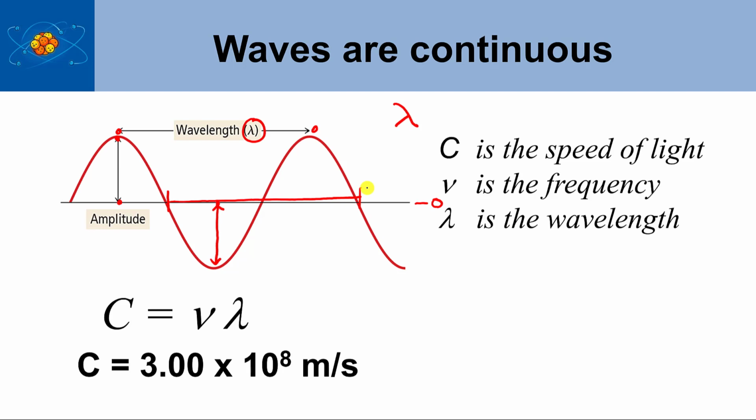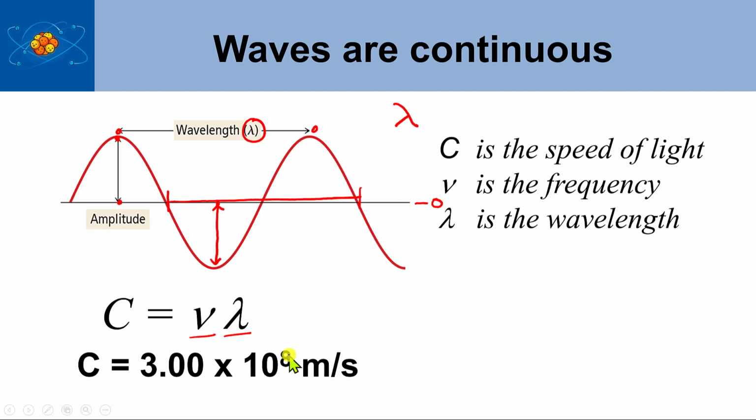Now, one of the general principles of waves is if you take the frequency, okay, and I'll talk about what frequency is in a little bit, and the wavelength, and you multiply them together, you get the speed at which the wave is traveling.